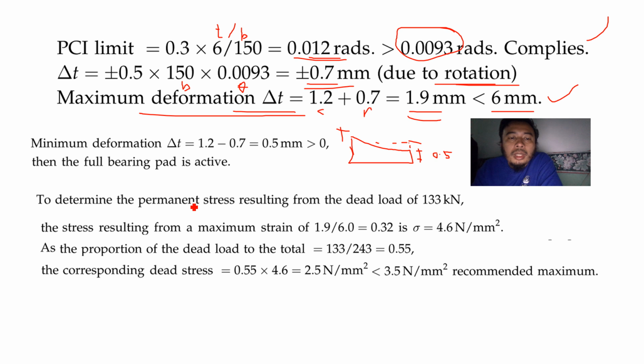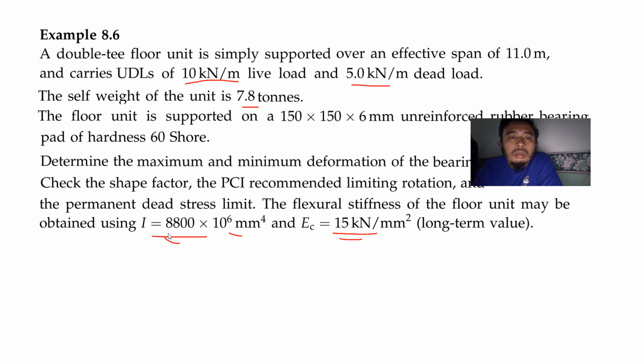We want to determine the permanent stress resulting from the dead load of 133 kilonewton. So the dead load of 133 kilonewton, as the name implies, for the permanent dead stress limit, you will consider only the dead load and self weight.